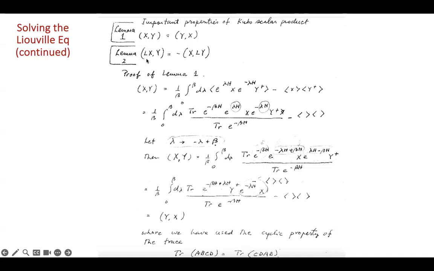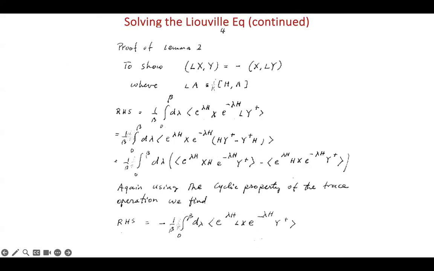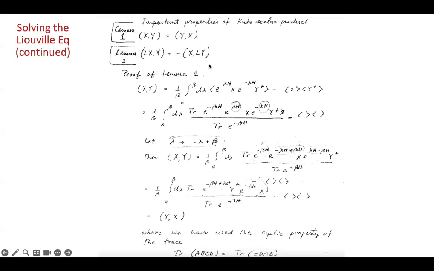But lemma 2 is that if the Liouville operator enters to act into one of these operators, then the order does matter. In fact, (Lx, y) is minus (x, Ly). So if you move a Liouville operator from left to right over the comma, it'll cost you a sign. That's what it says. So let's look at the proof of the first one.